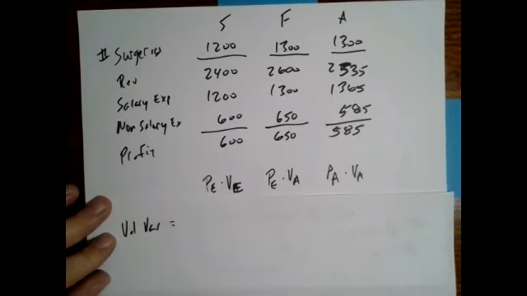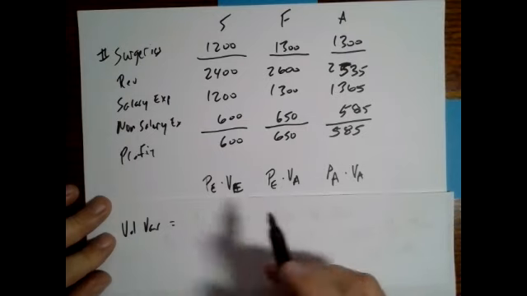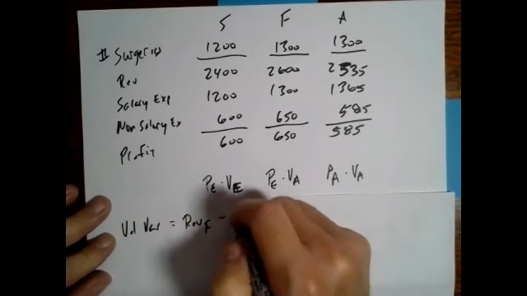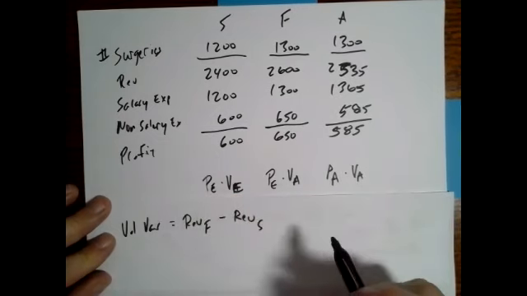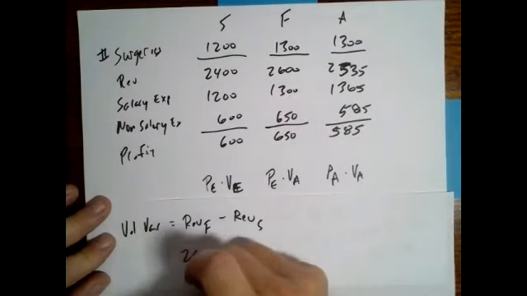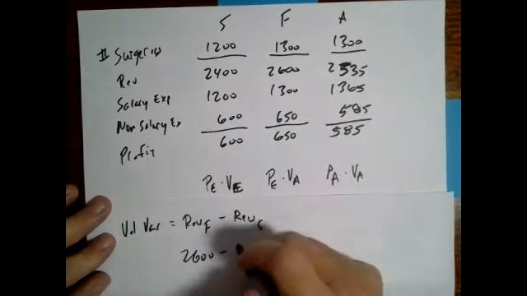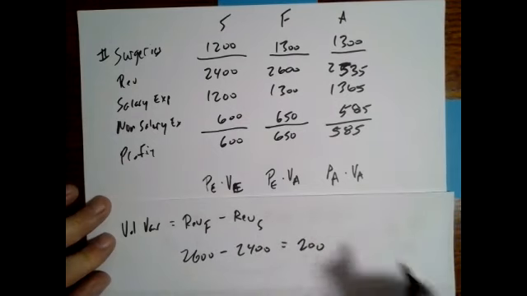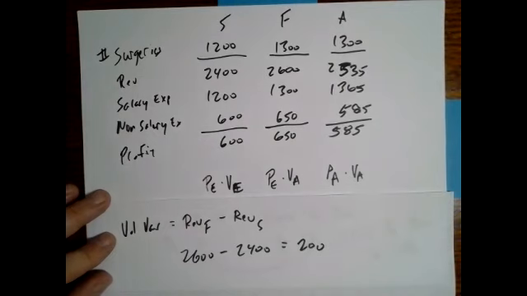So because we're doing revenue and we want our actual to be greater than our static, we're going to go flex minus static. So we want revenue flex minus revenue static. And so revenue flex is 2,600 and revenue static is 2,400, and we get a positive 200 outcome, right?